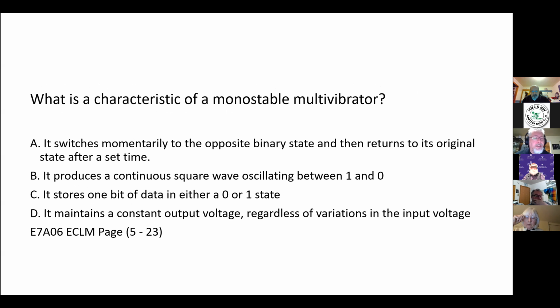C, it stores 1 bit of data in either a 0 or 1 state. D, it maintains a constant output voltage regardless of variations on the input voltage. Alpha is the correct answer. It switches momentarily to the opposite binary state and then returns to the original state after a set time.